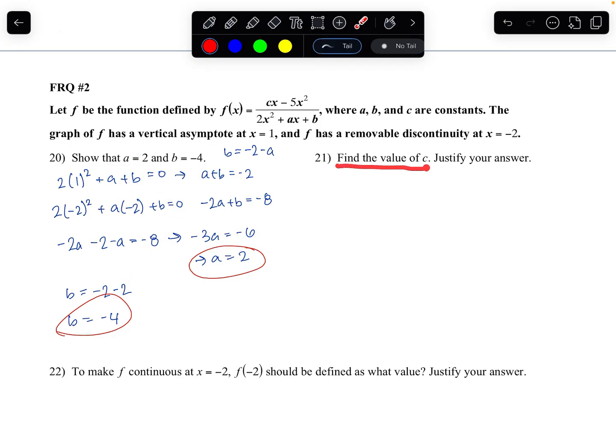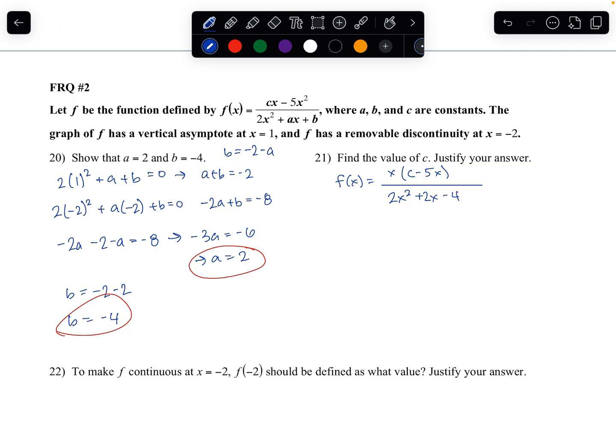Find the value of c and justify your answer. Well, let's go ahead and plug these values in for a and b. So I know that I'm also going to factor this right here. So I'm going to say f of x is equal to x, and then I'm going to have c minus 5x over 2x squared plus 2x minus 4.